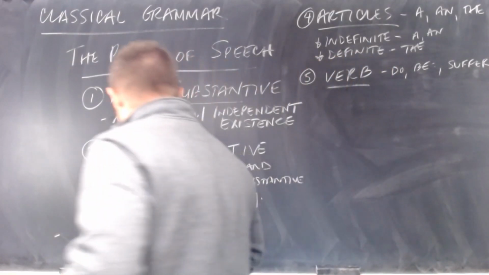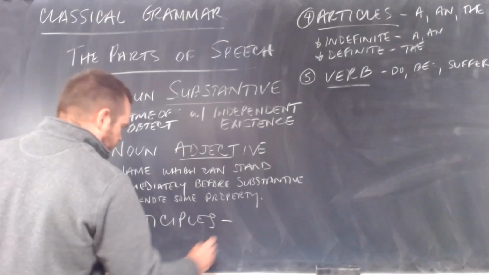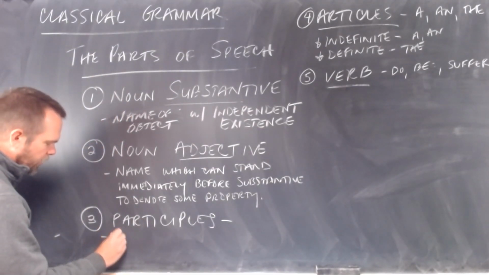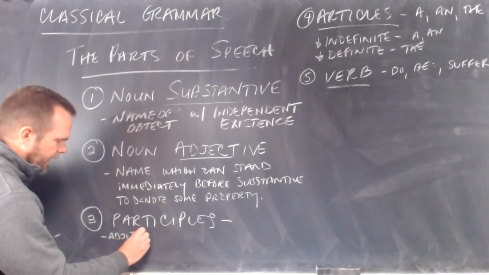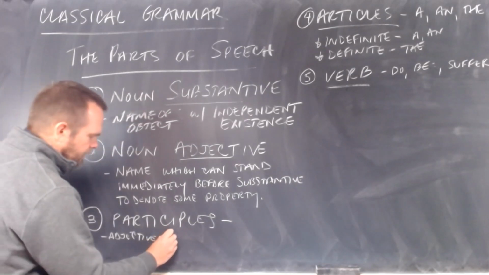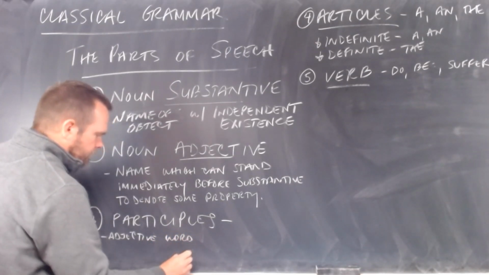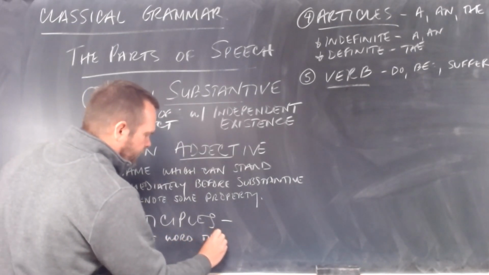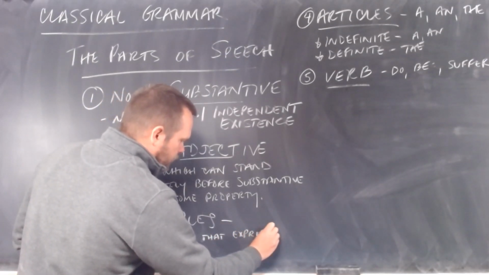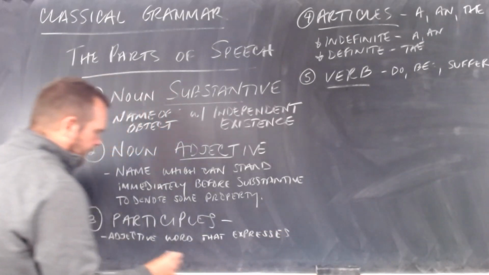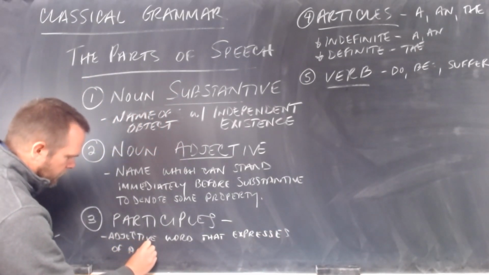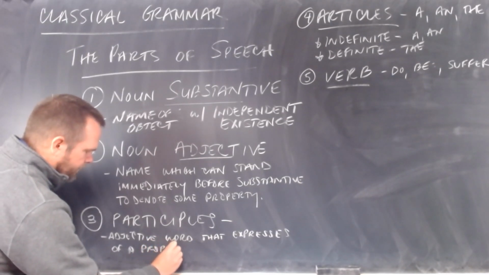So this third part of speech here, we're going to describe participle as an adjective word. Remember, adjective word and noun adjective are not the same thing. An adjective word that expresses both the idea of a property and time.